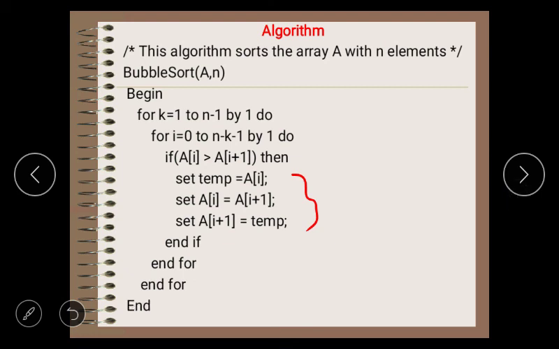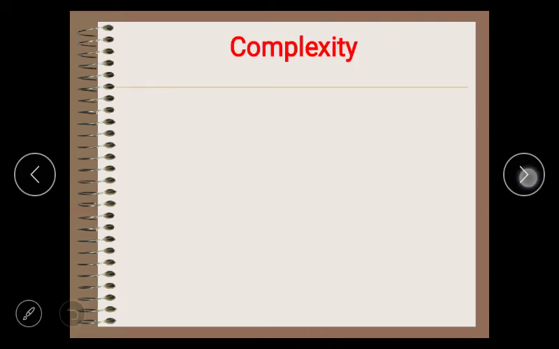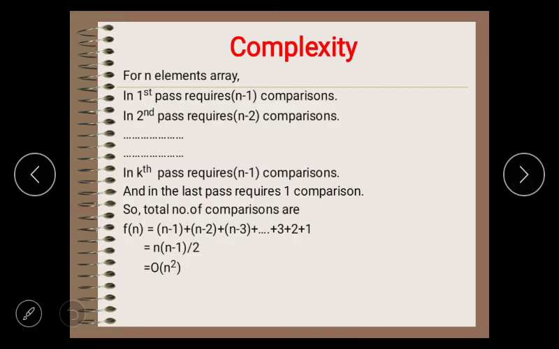Now we calculate the complexity for this algorithm. To calculate the time complexity, the time for a sorting algorithm is measured in terms of the number of comparisons. So for n elements in the array, the first pass requires n minus 1 comparisons, and the second pass requires n minus 2 comparisons, and so on.